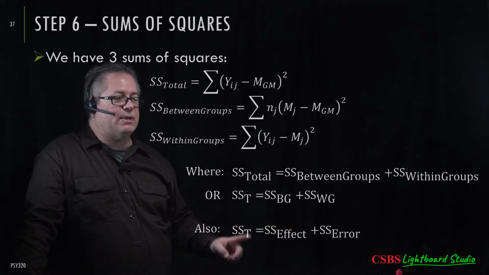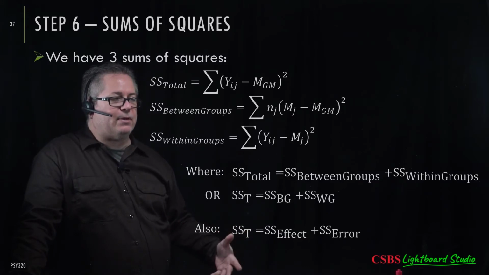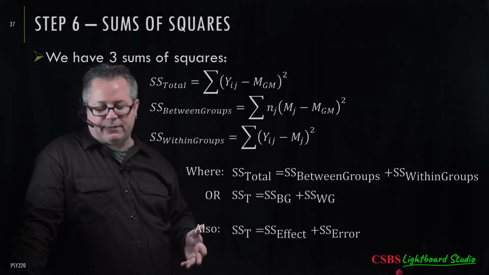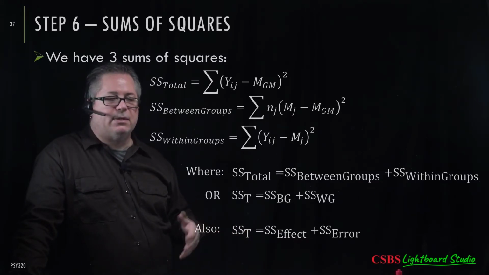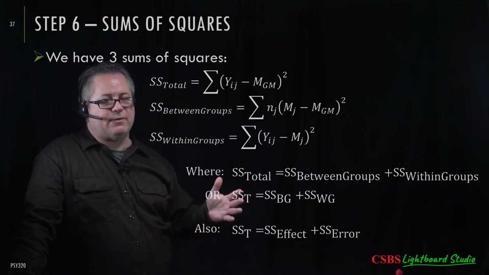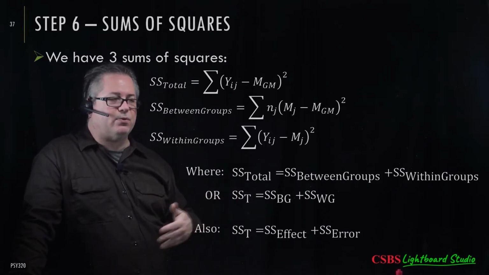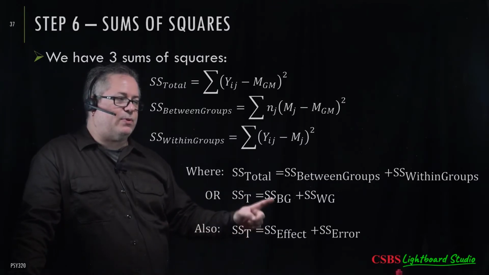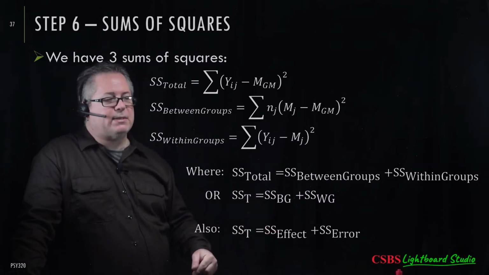And it's because the effect that we're talking about here would be the effect of brand. So what's the sum of squares for the effect? And because the effect was randomly assigned to different groups, effect and between group are the same thing. And so just another word for effect.